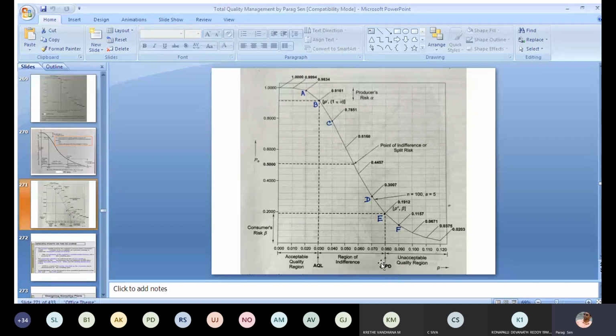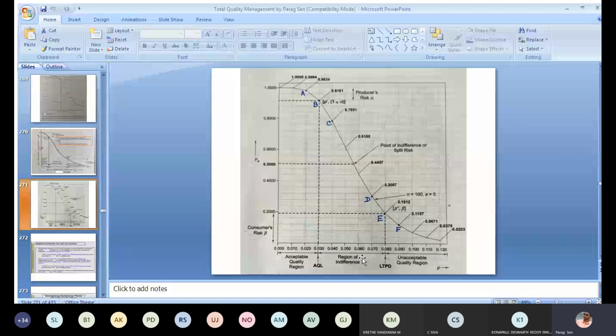And beyond LTPD, in this region, it will be definitely rejected by the customers. In case of the region of indifference, it is called the region of indifference because there is no clear-cut criteria of acceptance or rejection of a lot.